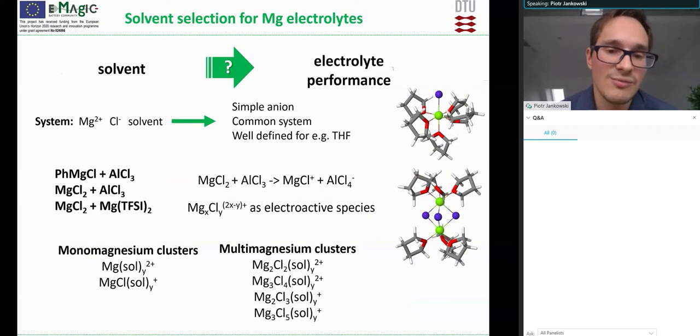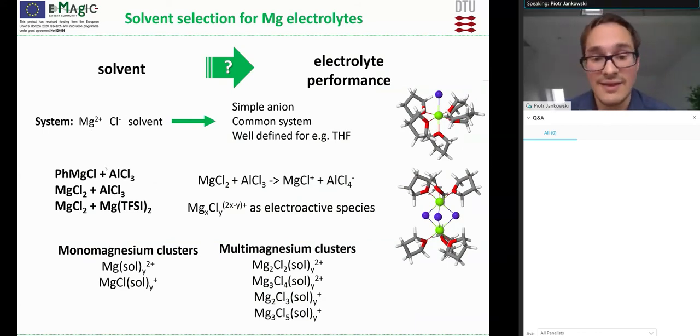So for that, we took the simplest system we could imagine: just a chlorine atom, a chlorine anion. In this system we have a simple anion. It's the most common system, and a calculation for that can represent many different types of electrolytes.